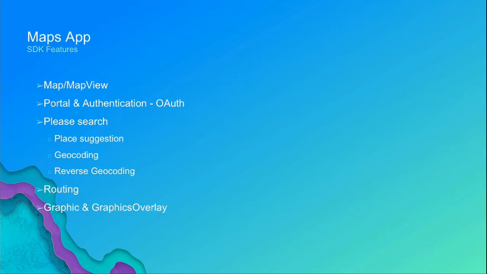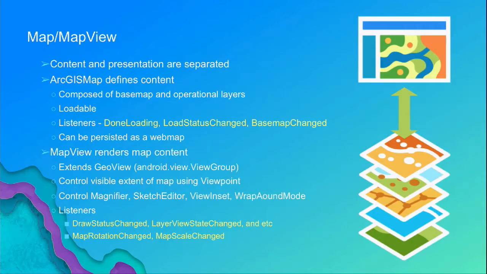And of course, there are graphics and graphics overlay: after getting the location of the address, we add a graphic to the MapView. And next, let's go through these key features briefly.